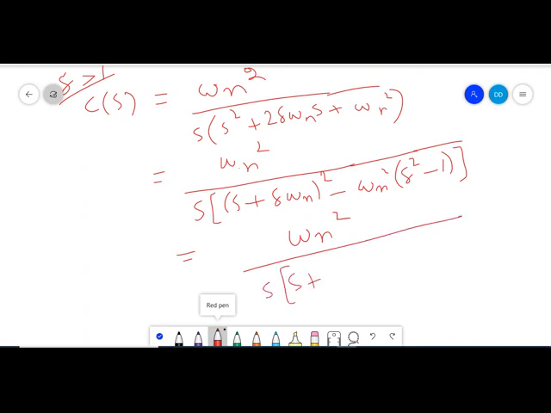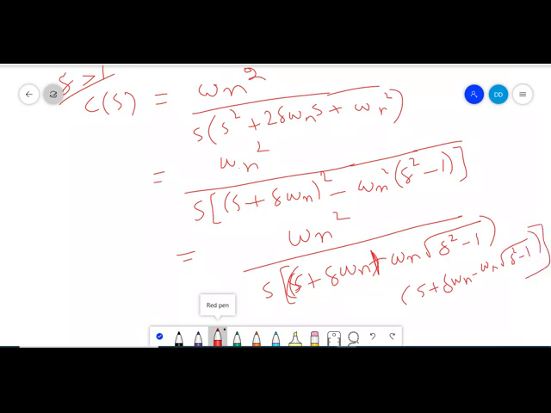We can split this as omega n square divided by S into S plus delta omega n plus omega n into root delta square minus 1 into S plus delta omega n minus omega n into root of delta square minus 1.